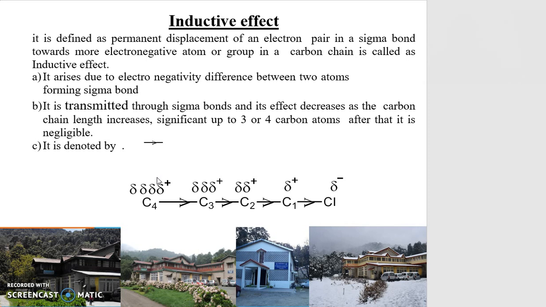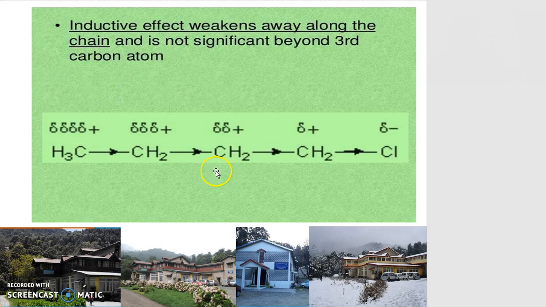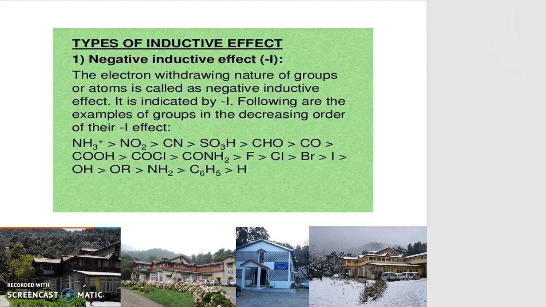It is transmitted through sigma bonds and its effect decreases as the carbon chain length increases. It is significant up to 3 or 4 carbon atoms. After that, it is negligible. It is denoted by this. You can see the Cl. So this is an example of the inductive effect.